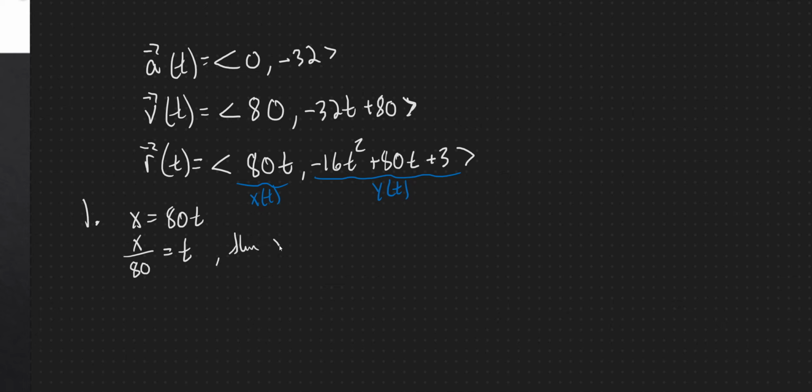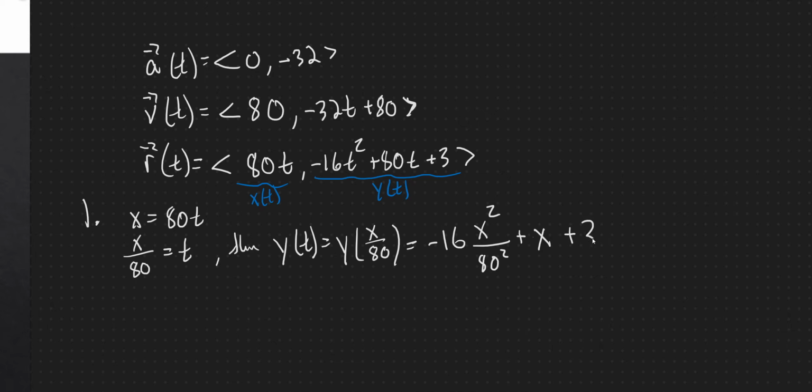So then y of t, which is the same thing as y of x over 80, looks like minus 16 x squared over 80 squared plus 80t, so that's 80 times x over 80. Oh, that's just x. That's cool. And then finally plus 3.